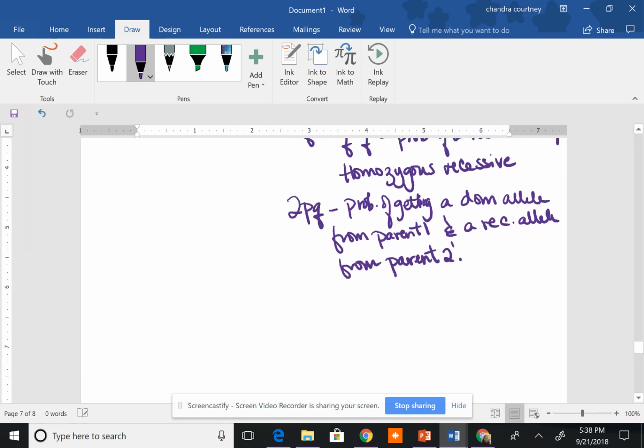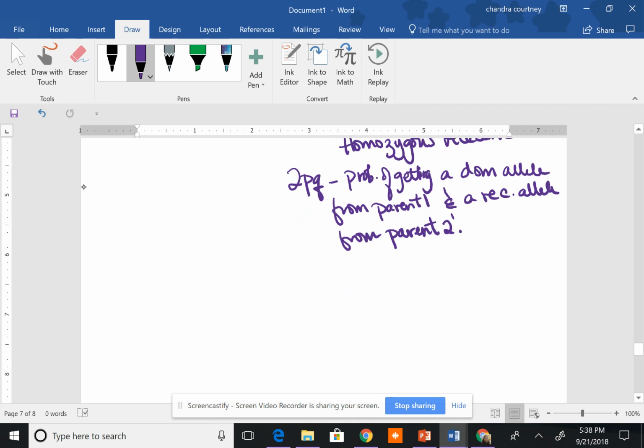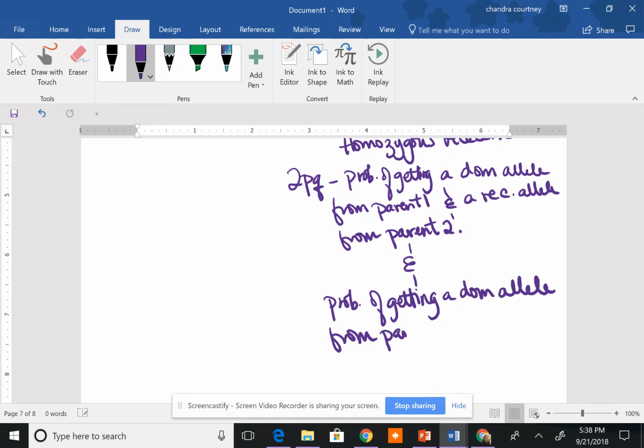But it's also the probability of getting a dominant allele from parent 2 and a recessive allele from parent 1.